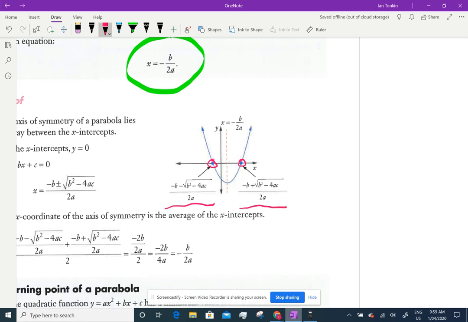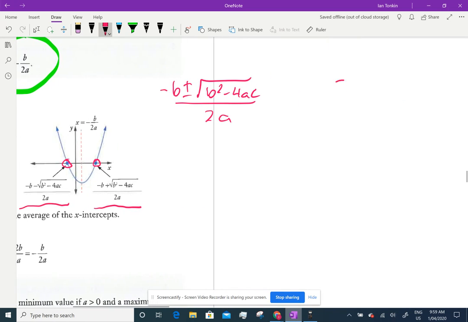And if you split the quadratic equation, now remember the quadratic equation is negative b plus or minus square root of b squared minus 4ac all over 2a. But it's like a fraction. If you've got 2 plus 5 over 3, well that's like 2 over 3 plus 5 over 3.